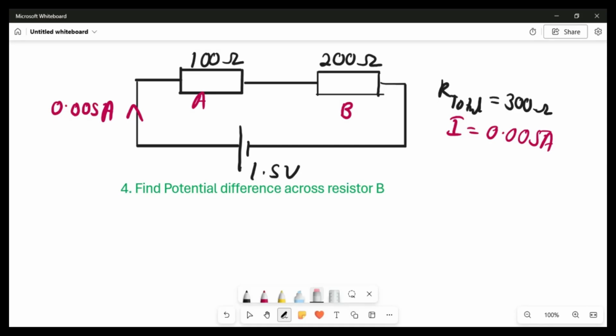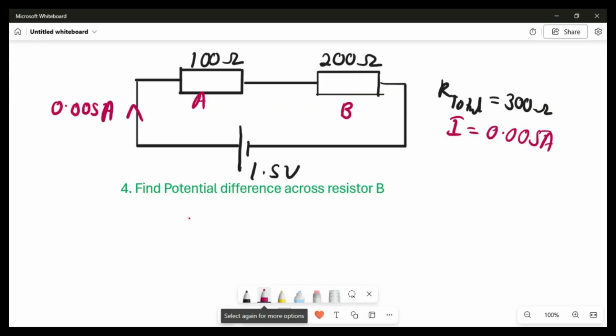Finally, we shall find the potential difference across the resistor B. So like in the previous question, we are going to apply Ohm's law individually to the resistor B. You know that the resistance of the resistor B is 200 ohm and the current flowing through the resistor B is 0.005 ampere.